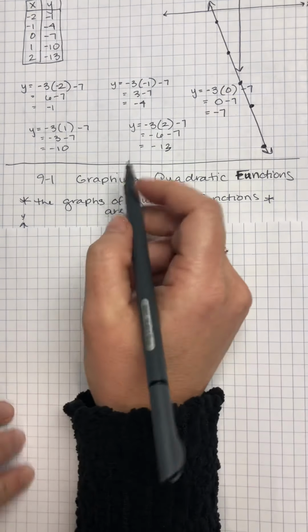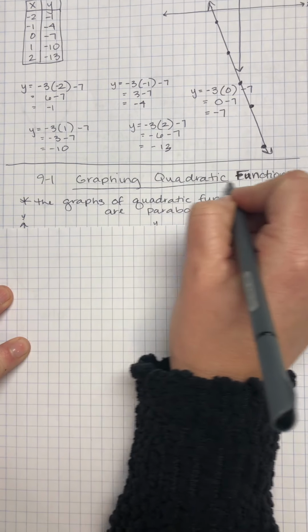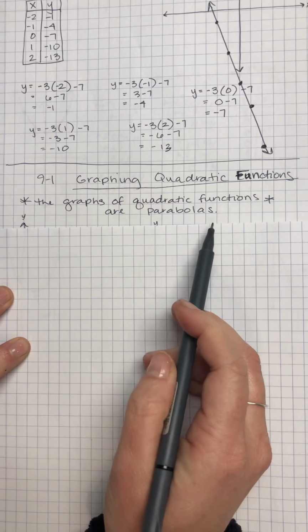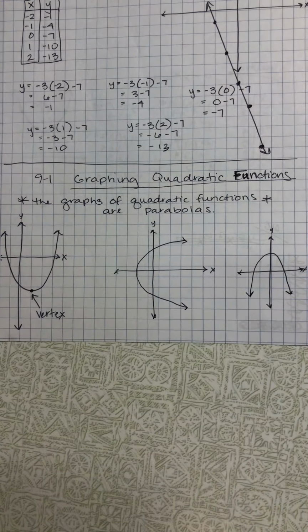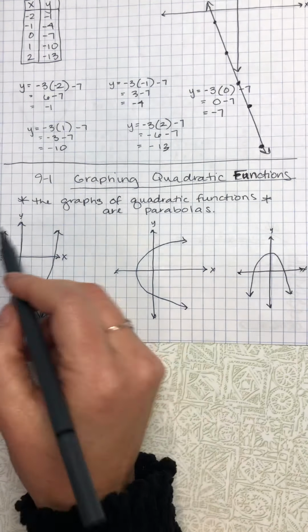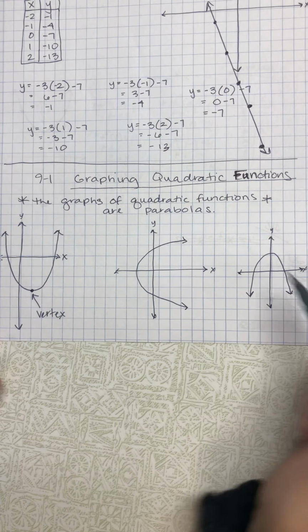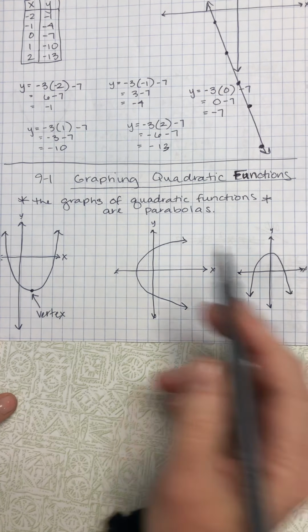All right, so graphing quadratic functions. The graphs of quadratic functions are parabolas. Parabolas look like a U shape. They can go up, they can go down, they can go sideways.